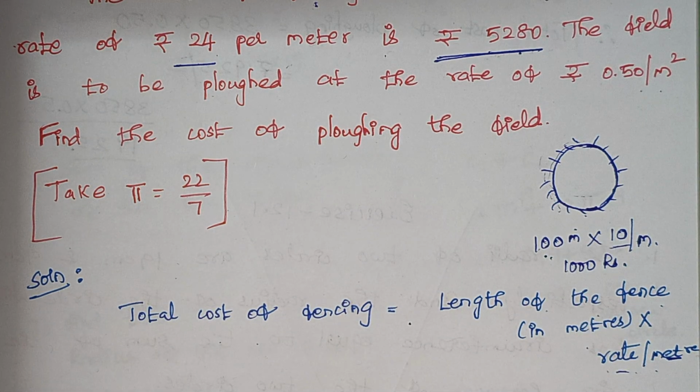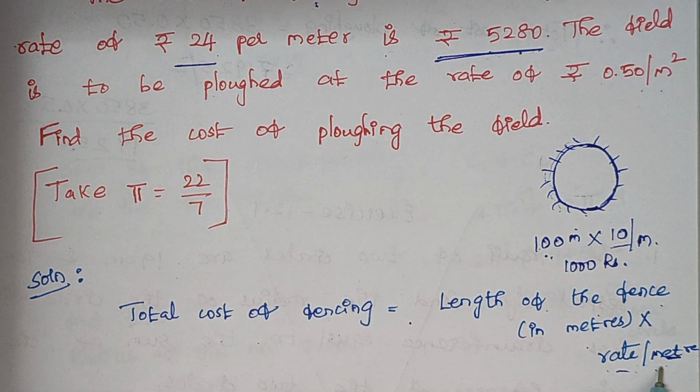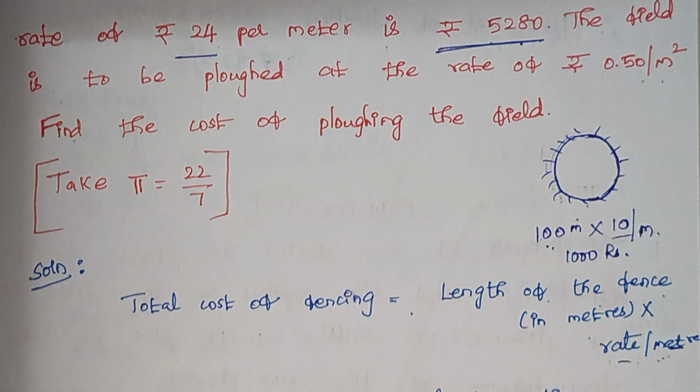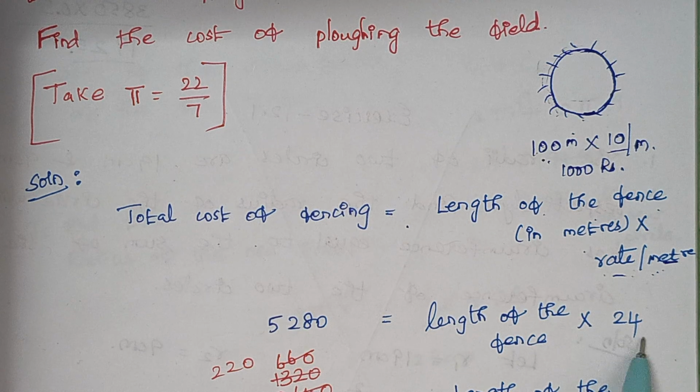Now, they have given the total cost of fencing here, and the rate per meter is also given. With the help of these two data, we can easily find the length of the fence. The total cost of fencing is 5280, which is equal to the length of the fence multiplied by 24.